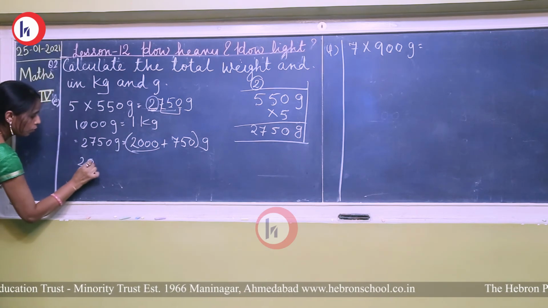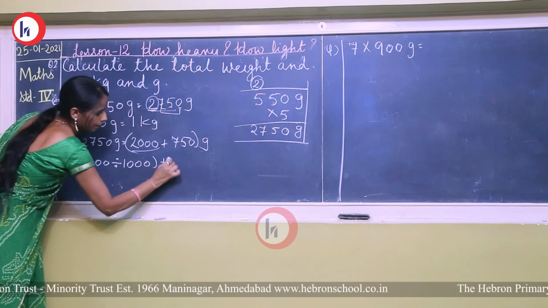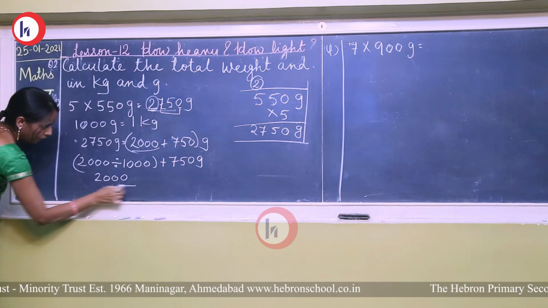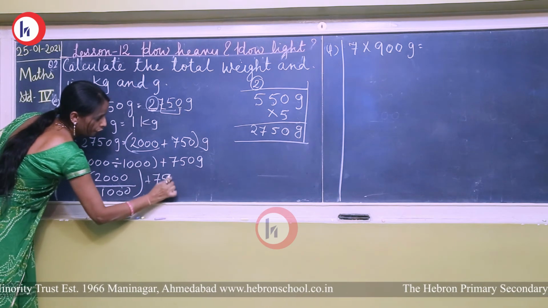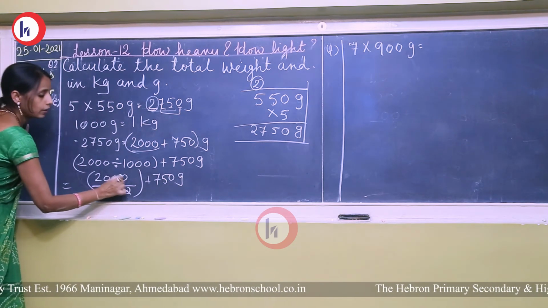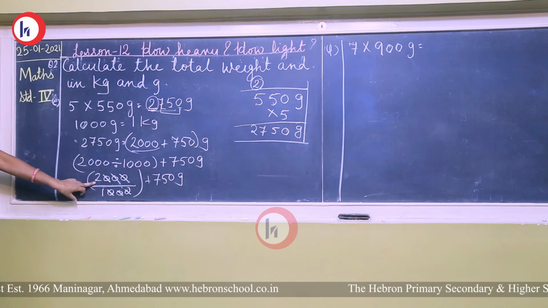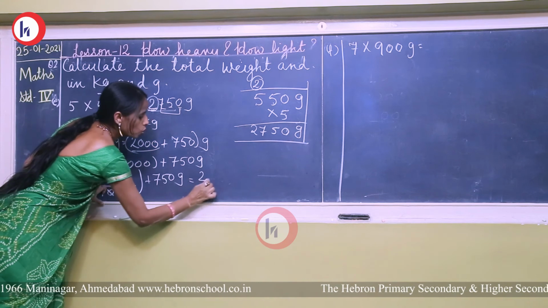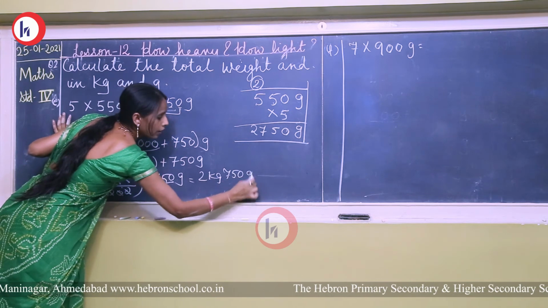So 2000 divided by 1000, plus 750 gram. Divide 0 and 0. This 0 will be cut from this one, this 0 will be cut from this one. So the answer here is 2. So 2 is kilogram. So the answer is 2 kilogram and 750 will be gram only.